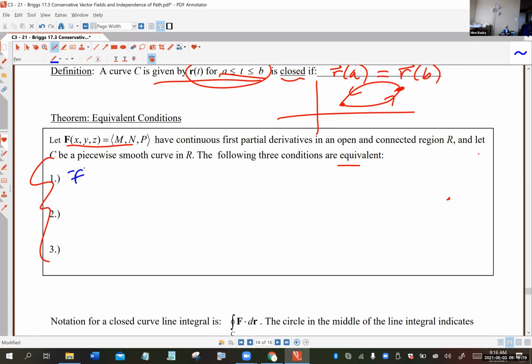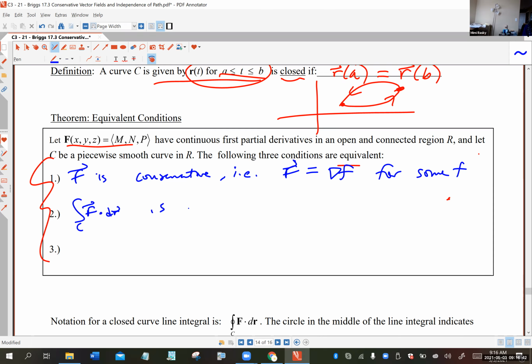So number 1, F is conservative. What does that mean? Remember, that means the vector field is the gradient of some potential function f. Okay, what is also true automatically for free? The line integral of F dot dr is independent of path. Oh, but we already knew that one from a previous theorem.